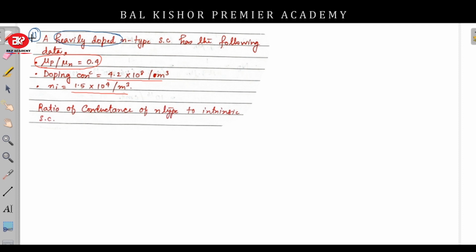So for this case, let us first calculate for the intrinsic material. So for intrinsic semiconductor, what will be the value of conductivity? That is sigma I, and sigma I is equal to Ni into q into (mu n plus mu p).